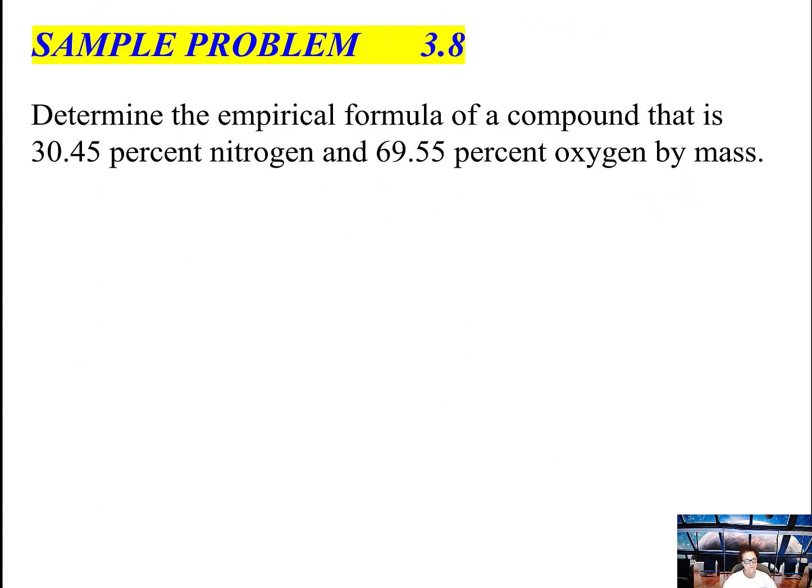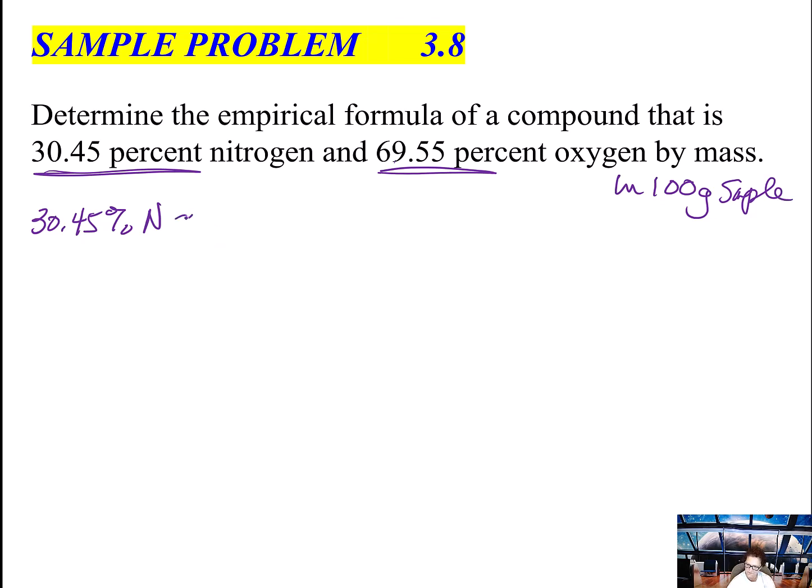So determine the empirical formula of a compound that is 30.45% nitrogen and 69.55% oxygen by mass, and notice those equal 100%. So remember I said if I've got 30.45% nitrogen, I'm going to say in a 100 gram sample, that's the same as saying 30.45 grams of nitrogen.